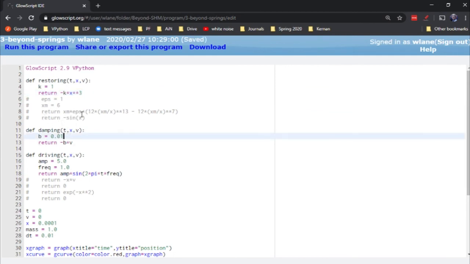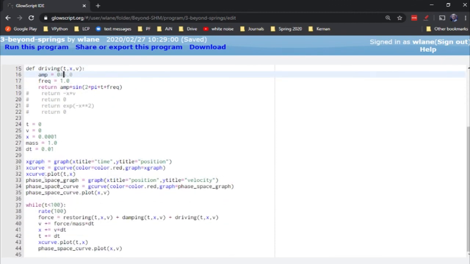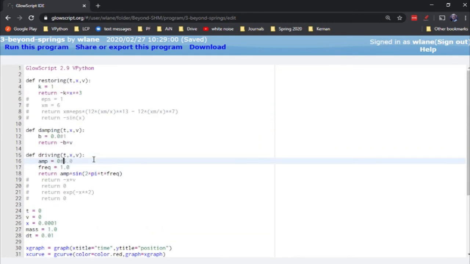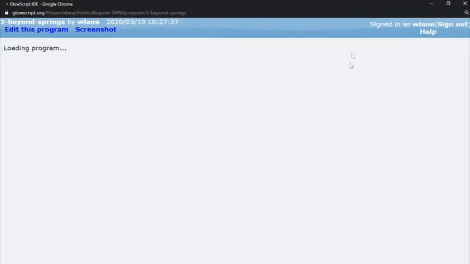Well, we're going to turn off for right now the damping force and the driving force. So we'll just make this a 0 for right now. I'm also going to leave out the animation because I think we can pretty much get what we need from the graphs at this point. So the only force we'll have working for us right now is the restoring force here. So let's press Control 2 to run, see what we get.